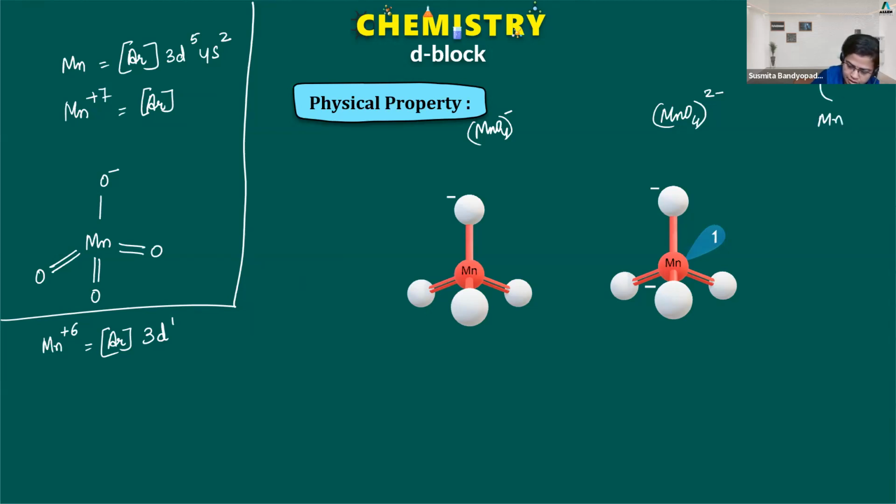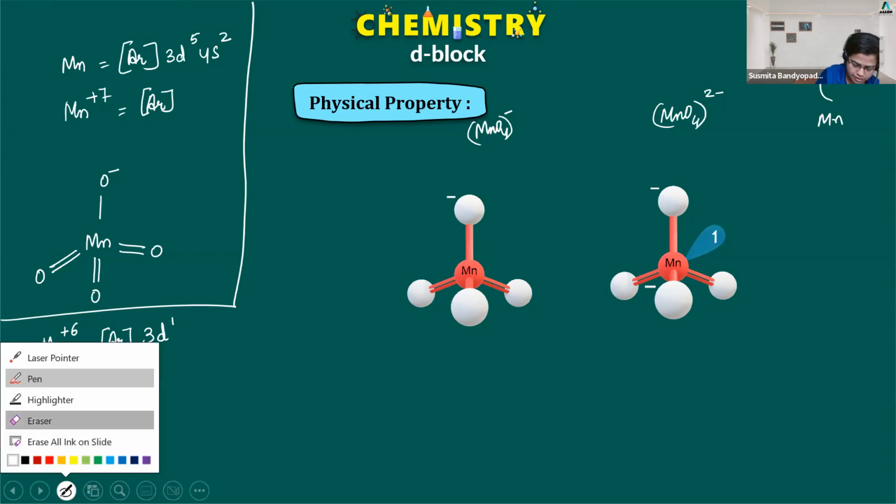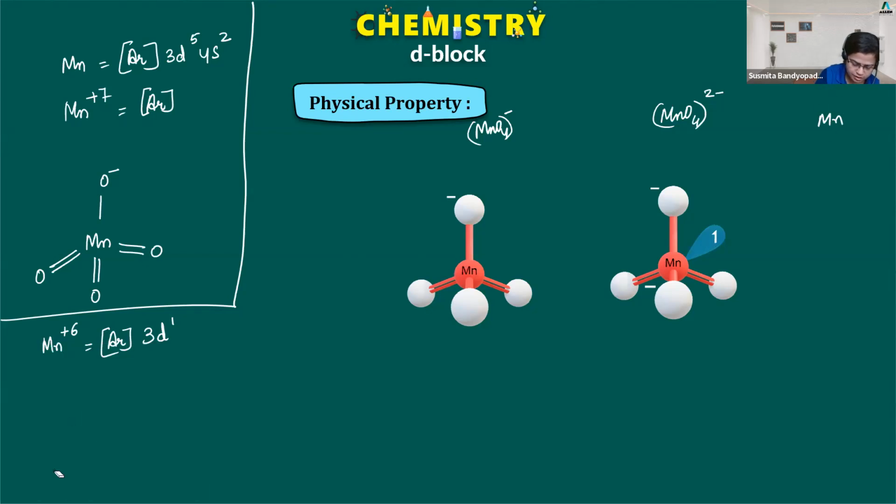Mn, O minus, O minus, double bond O, in one of the unhybridized orbitals. We'll keep this unpaired electron. Fine. Everyone, this one is dark green, this one is purple or dark pink.